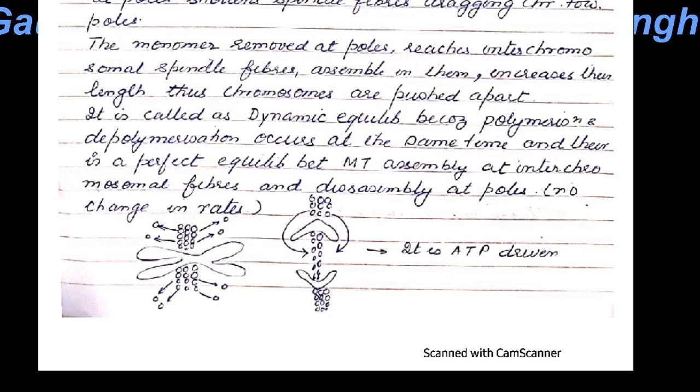When they break, the depolymerized spindle fibers migrate to the space between the two daughter chromatids, and they start polymerizing there. This activity is ATP driven, and when they polymerize between two chromatids, it pushes the two chromatids towards the pole, whereas the depolymerization in the first diagram pulls the chromatids towards the opposite poles.